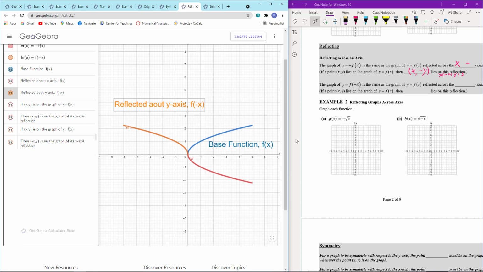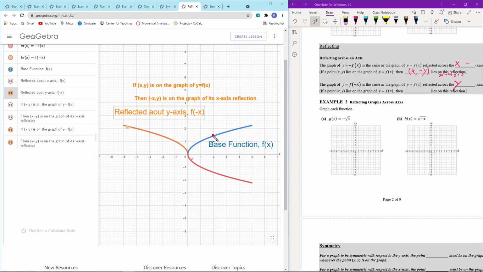Okay, once again, that basically means that the graph of f of negative x is going to be reflected across the y-axis. Better yet, if x, y is on the graph of our base function y equals f of x, then negative x, y will actually be on its reflection. And I can show you that here.